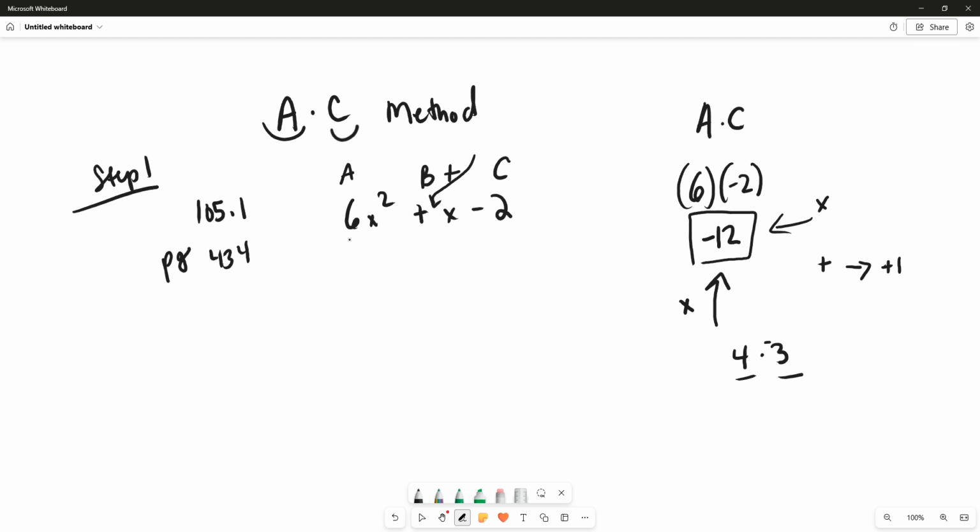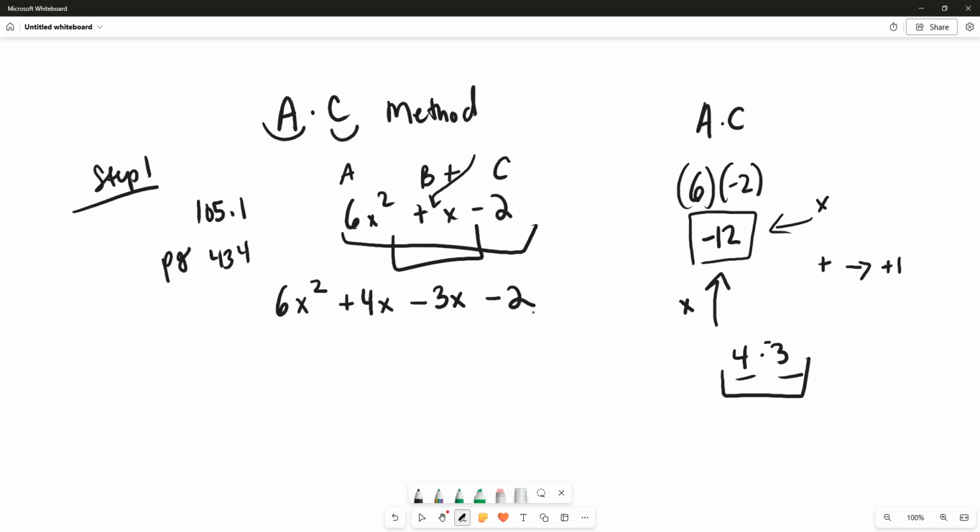So that's what we're going to do. We're going to rewrite this whole thing with the A term, 6x squared, plus the B term, but we're going to write it with two things. So plus 4x minus 3x minus 2. Okay, so hold that thought for a second.